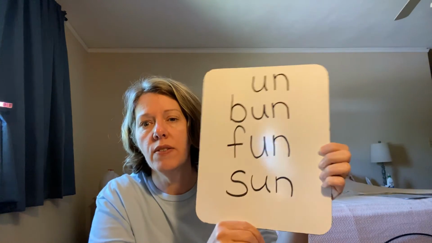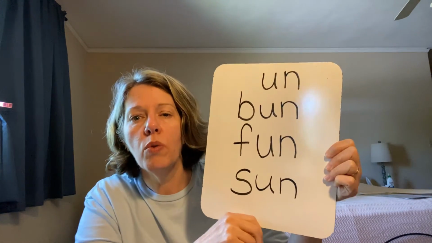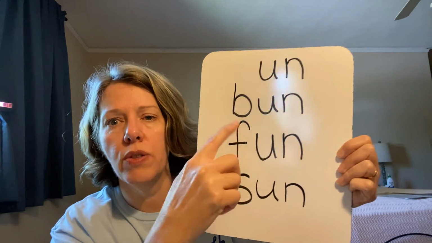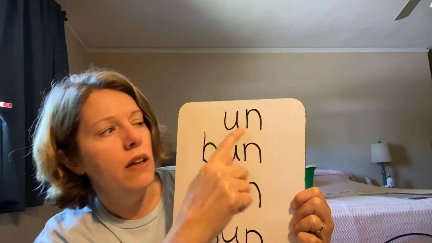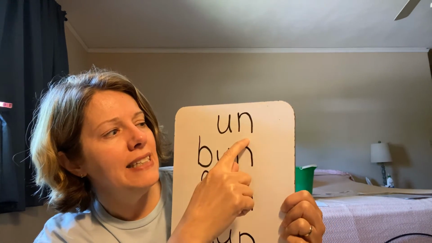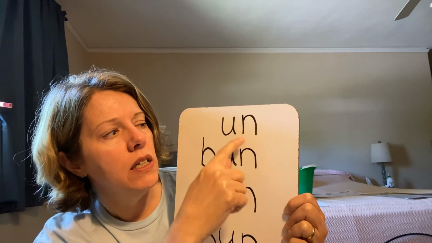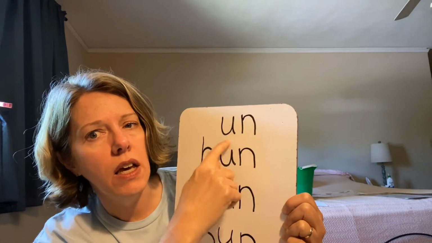Okay, now we are going to talk a little bit more about some words. Okay, so these are some more words that we are going to try to sound out. All right, so we're going to be using the letters U and N. Un.